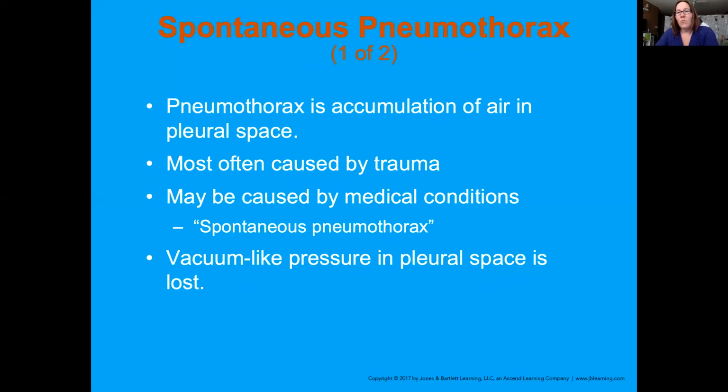So you end up with a simple pneumothorax, which is just where you end up with a little bit of air caught in the chest wall space or in that pleural space. Or you can end up with a tension pneumothorax, where that airway is being pushed opposite of the side that the pneumothorax is on, okay? Big thing when we're doing our patient assessment, did they have a trauma or is it non-traumatic, right? How did that happen?